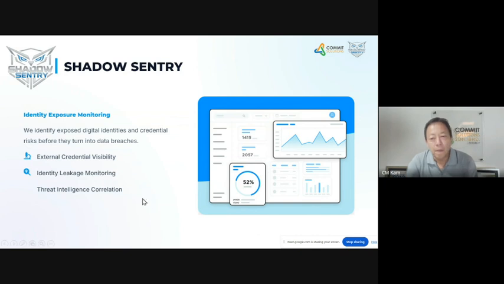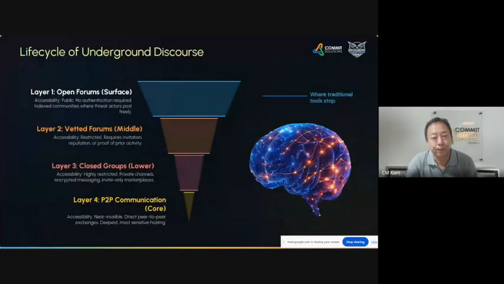I'll go through what the solution really does and see how it can help all sizes of organization, depending on how each organization looks at the importance of it as well, right?